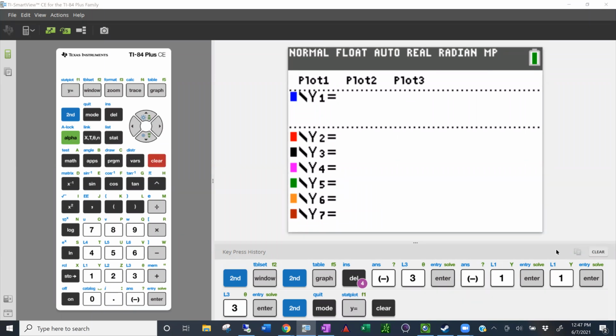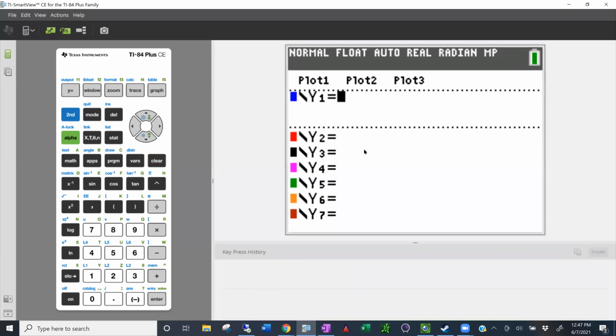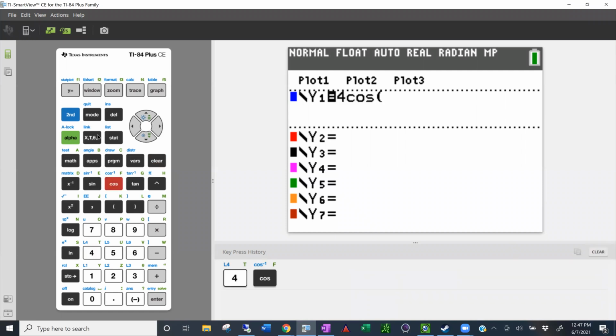Let's see, clear this out. And let's just look at the first derivative. For our previous example, what was the first derivative? It was 4 cosine of x minus the cosecant squared, which is kind of a problem for you because you can't just type in cosecant squared here like you can in Desmos.